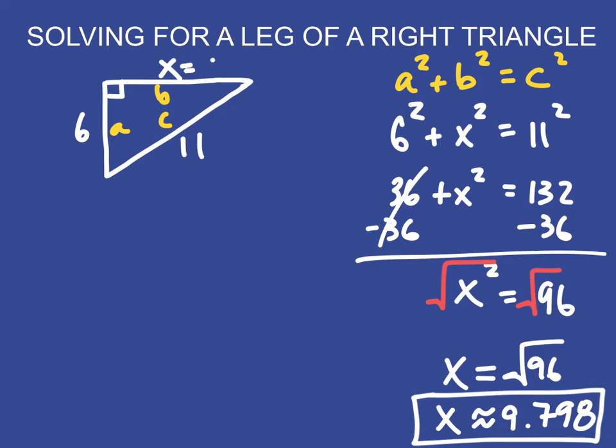Depending on how you're rounding this, just know that typically I go out to 3 decimal places, but look to see what you're doing on whatever assignment you're working on.